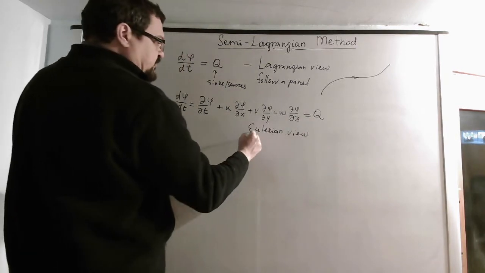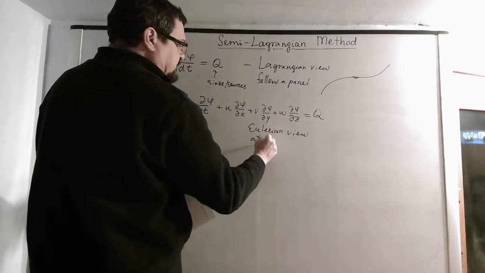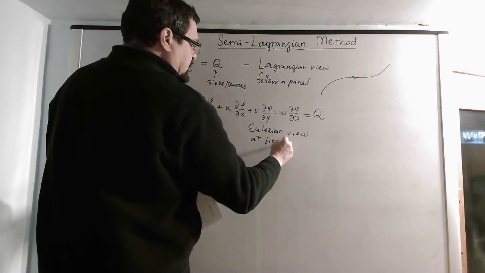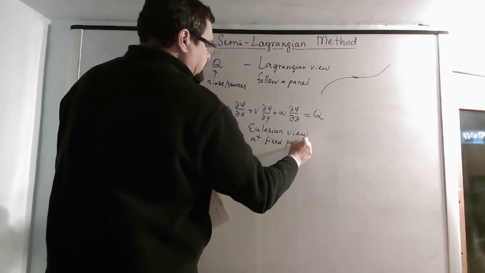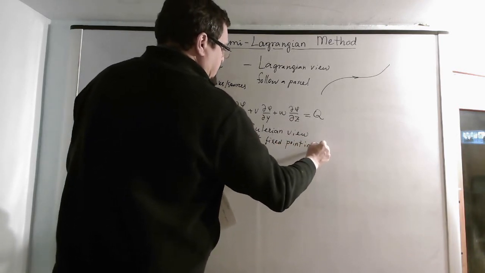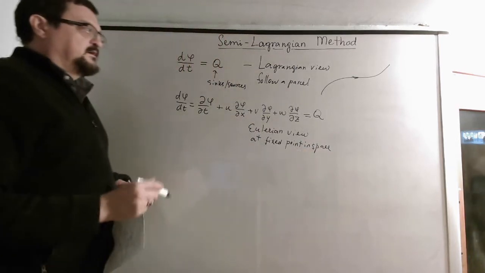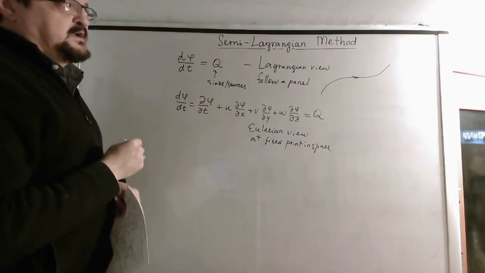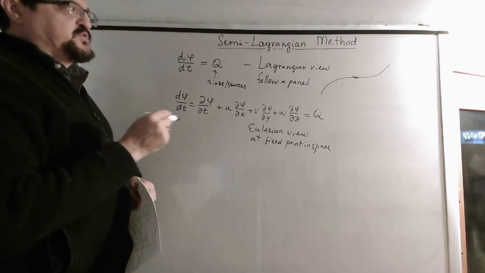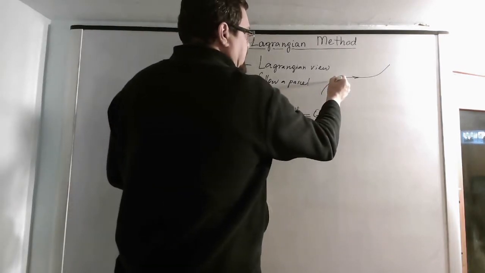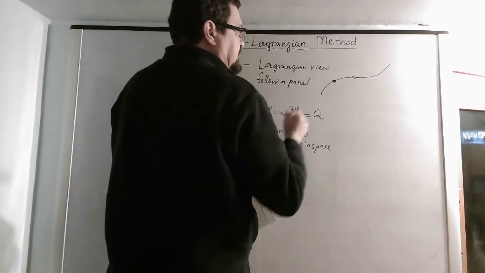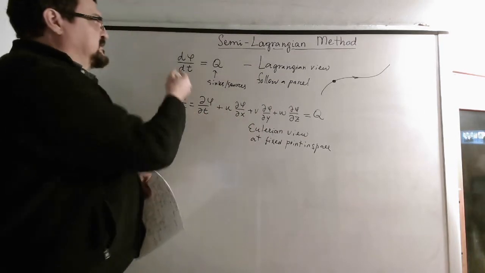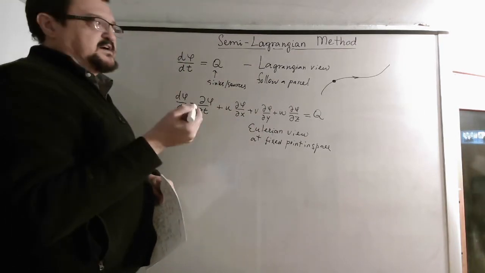So it's a view at a fixed point in space. Instead of following a flow as in the Lagrangian view, you're actually sitting at some fixed point here, and observing how this quantity phi changes in time.